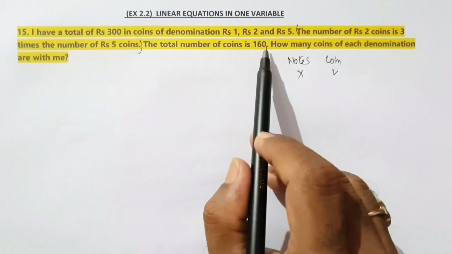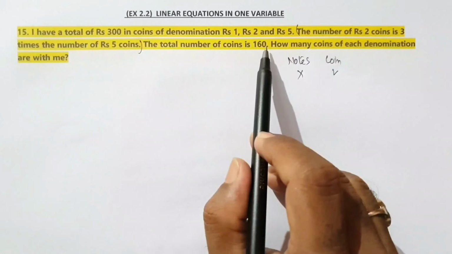Now let's go to this part. They said the number of rupees 2 coins is 3 times the number of rupees 5 coins. It means that if we assume, let the rupees 5 coins I have be equal to x.